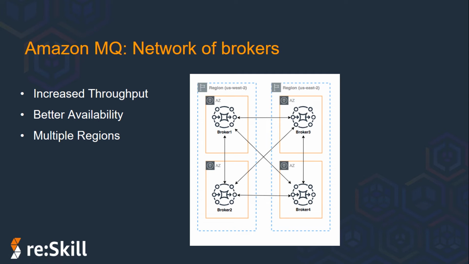This allows them to reconnect to a new instance if the one they are currently connected to becomes unavailable. And because producers and consumers can reconnect to another node in the network of brokers immediately, and because there's no need to wait for a standby broker instance to be promoted, client reconnection within a network of brokers is faster than for an active standby broker for high availability.